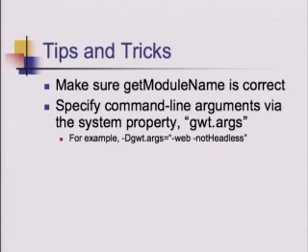The command line arguments: I told you that you had to specify -web to run in web mode. Well, it's not a normal command line argument. You have to use the system property gwt.args, which is weird, but that's just the way, unfortunately, JUnit makes us do it. JUnit is not really happy about taking command line arguments and passing them around.